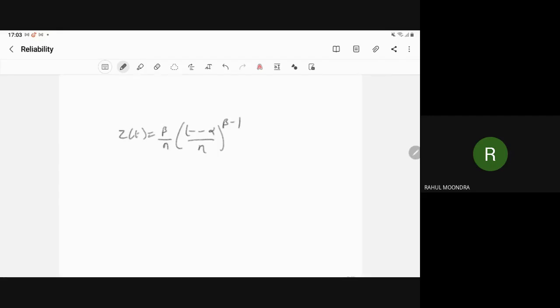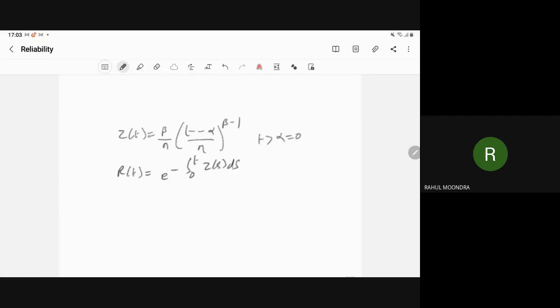This z(t) is known to you if you have to compute the reliability. So by Theorem 6.2, you know the reliability is e to the power minus integral 0 to t of z(s) ds. Here it is written for t greater than alpha. For convenience, we are taking alpha equal to 0.